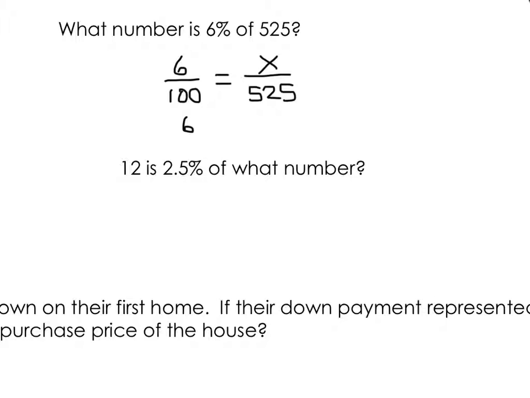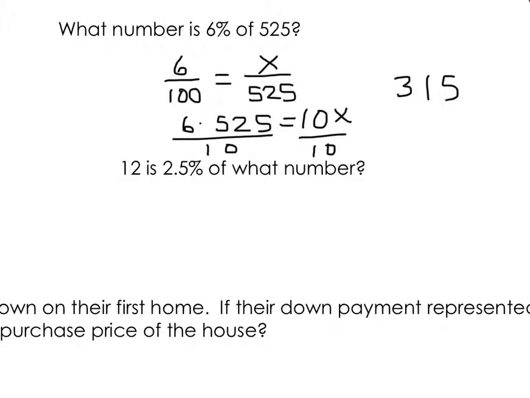So we have 6 times 525 equals 100x. Let's divide by 100. So we have 6 times 525 divided by 100. Gives us 315. Our number is 315.